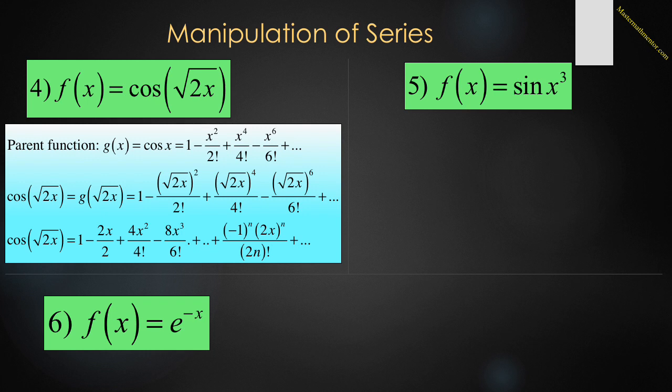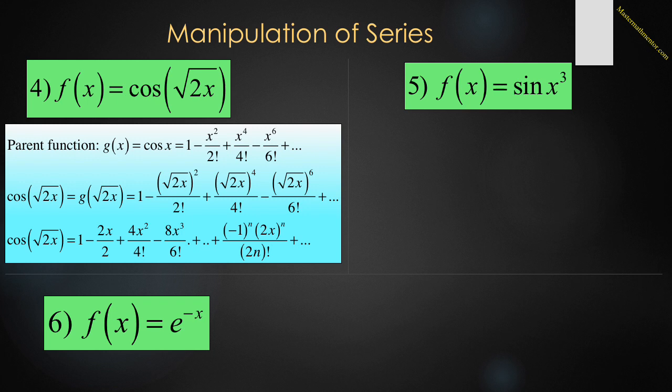So cosine of the square root of 2x is simply g of the square root of 2x, which is 1 minus the square root of 2x squared over 2 factorial plus the square root of 2x to the fourth over 4 factorial minus the square root of 2x to the sixth over 6 factorial plus dot dot dot.